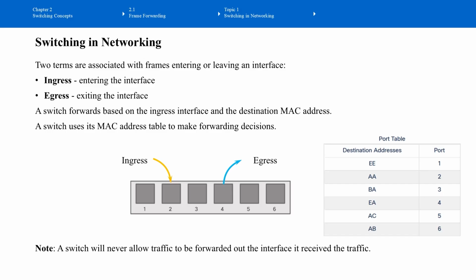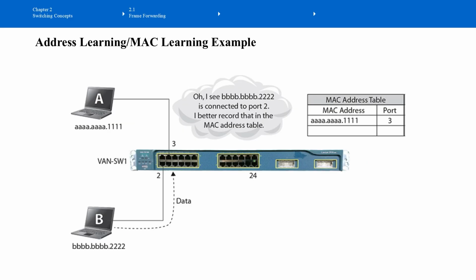A switch will never allow traffic to be forwarded out the interface it received the traffic on, which means it won't return to the sender directly. When the sender sends the signal and the interface receives it, it can only go to other places, it won't go back to it. So here, we have the address learning, also the MAC learning example.